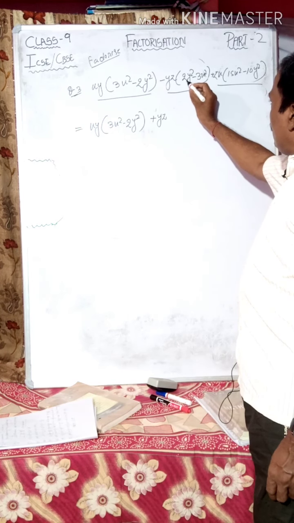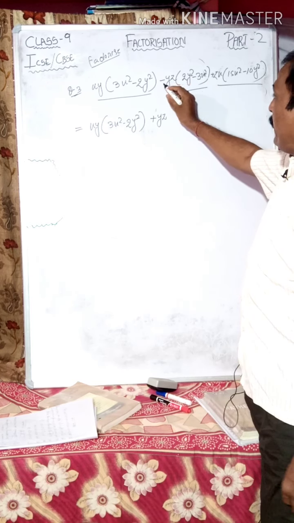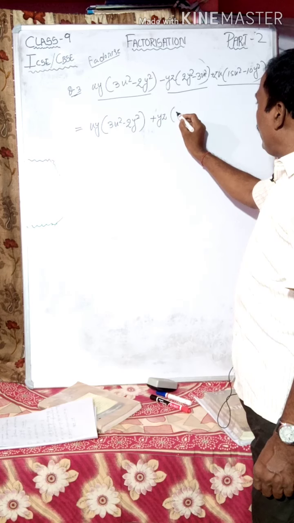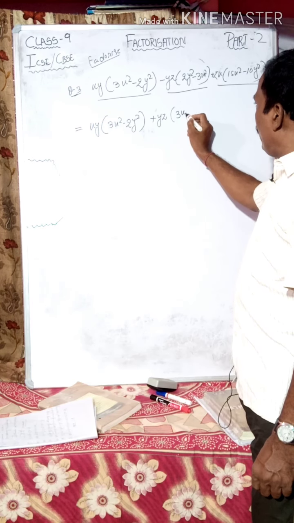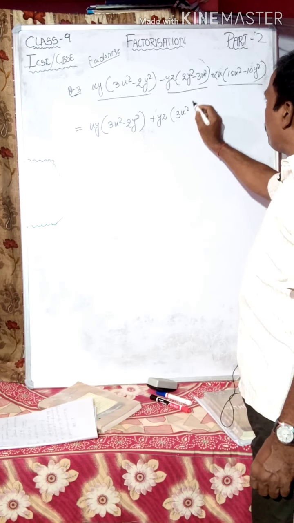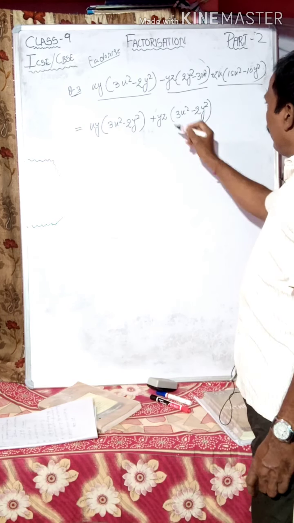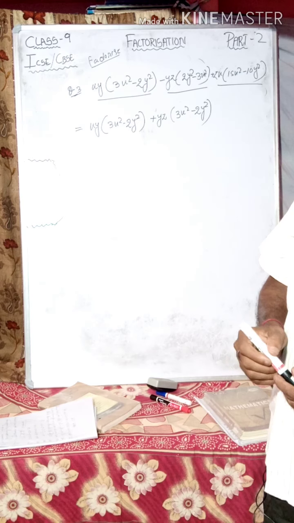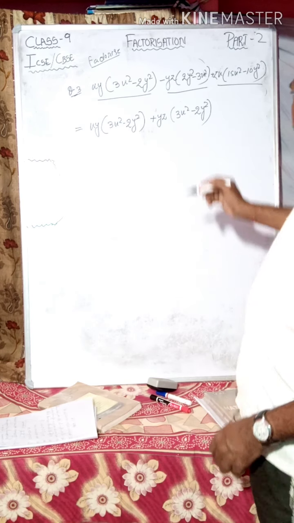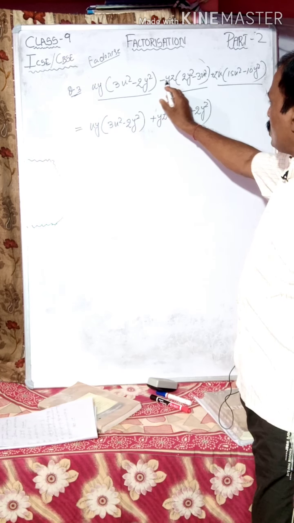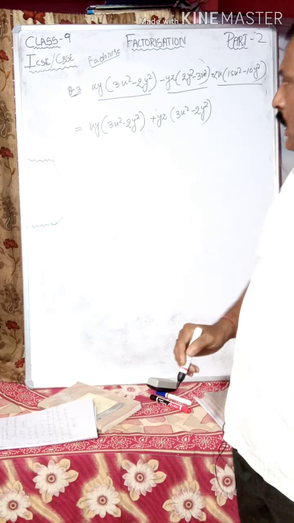Minus 2y square changes into plus 2y square, minus into minus plus. So I write 3x square first, and 2y square minus. I rearranged the terms in the bracket because minus changed into plus, minus multiplied into the bracket.